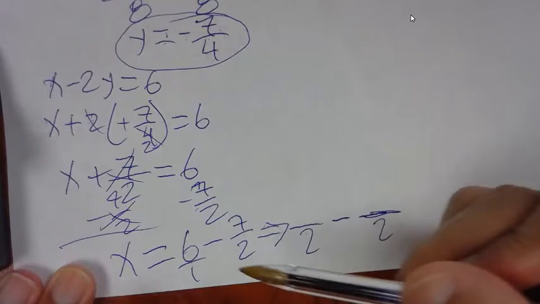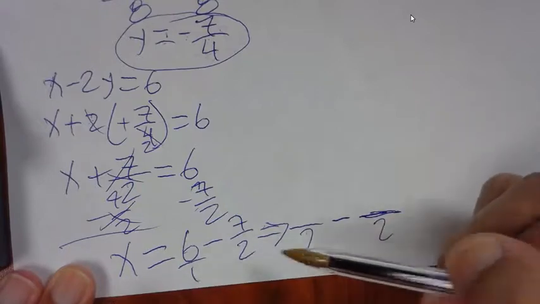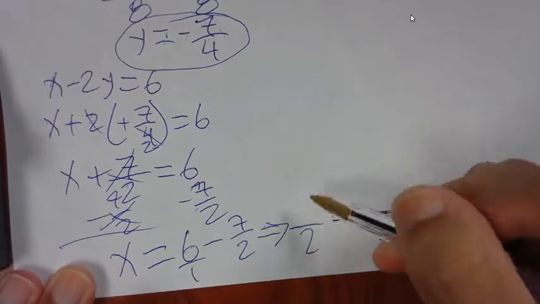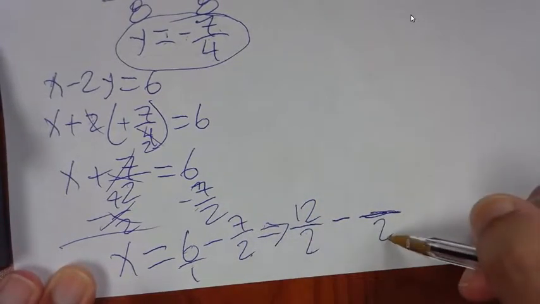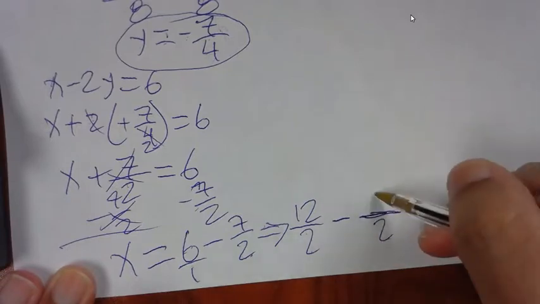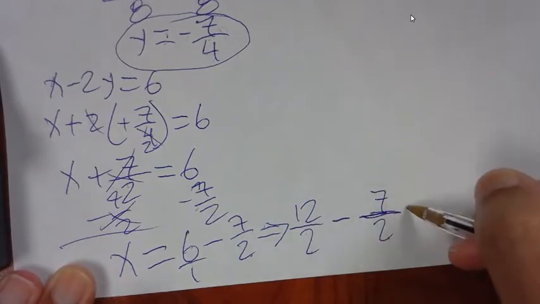I raise this 1 by a factor of 2. Therefore, I need to raise this 6 by a factor of 2 also. I did not raise this denominator, so I just rewrite my other numerator.